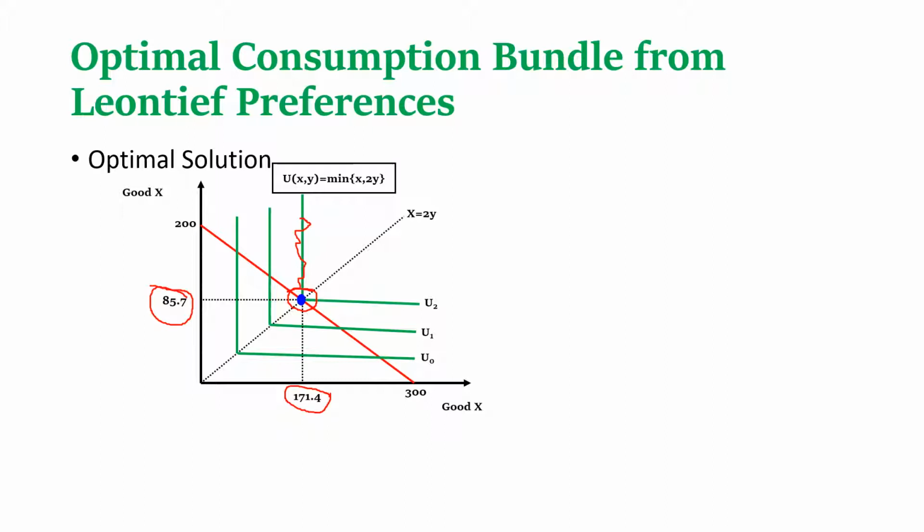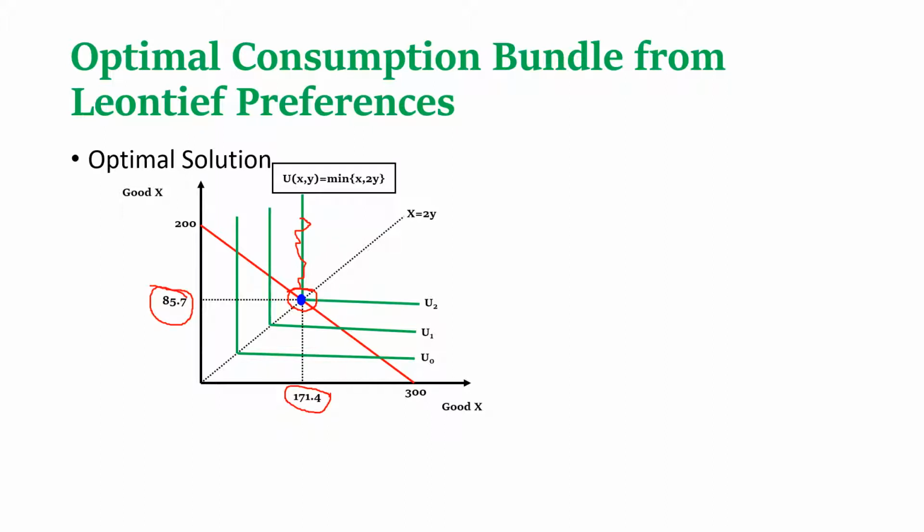Now you see the ray, the 45-degree line. The 45-degree line represents the fixed proportion of the two goods consumed. Now we say x equals 2y.